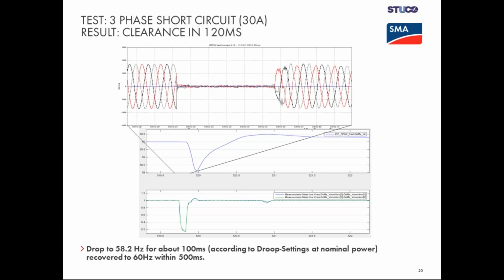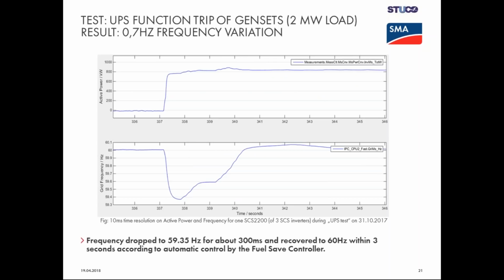The next slide shows you the power of one of the 3 Sunny Central storages. So, a sharp disconnect of 2 megawatt load. You will see that the Sunny Central storage 2200 took 800 kilowatt instantaneously. The frequency dropped, here it was 0.7 Hertz for about 300 milliseconds, and recovered very quickly. Since then, it has happened 7 times that our system could prevent a blackout from a generator failure.